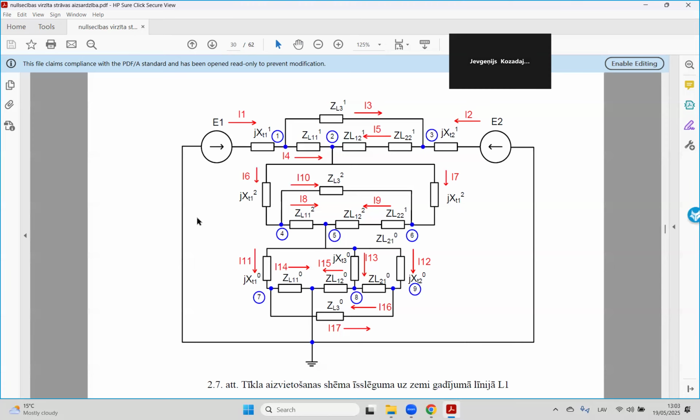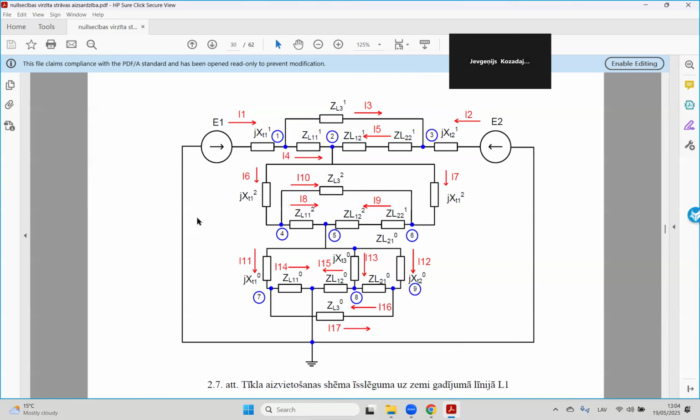So we don't need to care about it. We just choose the direction as we wish. This is the second step. Once more: first step, you draw an equivalent scheme. Second step, you draw current directions for every branch.